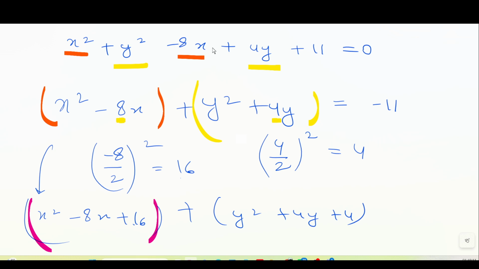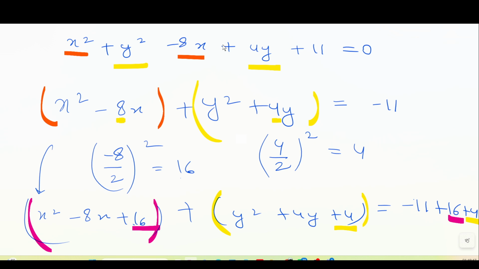Whatever we added extra, 16 on this side and 4 on that side, we need to add to the other side to keep the balance. So we have negative 11 here, and I will add 16 and 4. Why? Because we added this 4 and this 16, so to keep the balance I added this. Did you understand why I'm adding this?